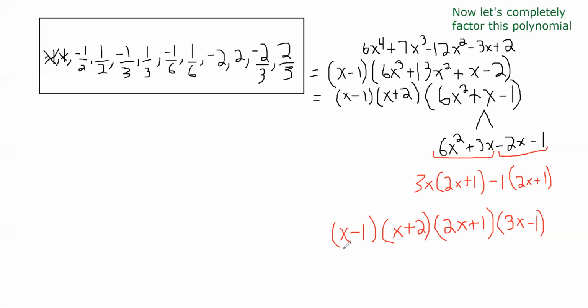Ta-da! So this is the fully factored form of this original fourth degree polynomial. And it makes sense according to that fundamental theorem of algebra we talked about. You have 4 different unique factors and you have a fourth degree polynomial. So it's just kind of confirming maybe a few things we already knew.